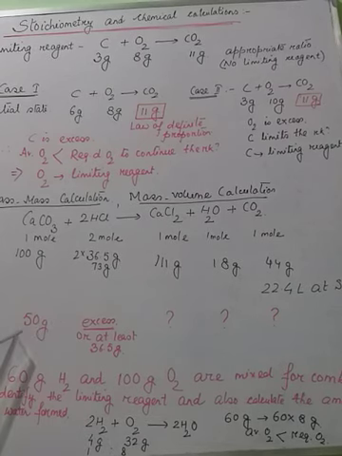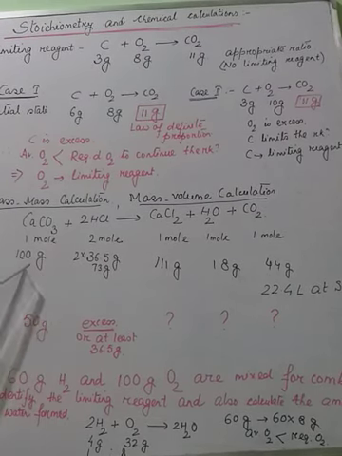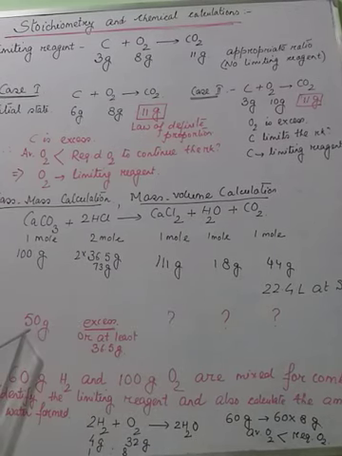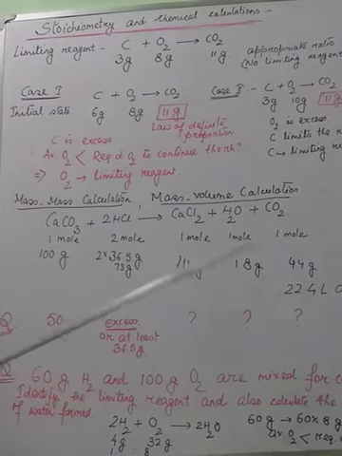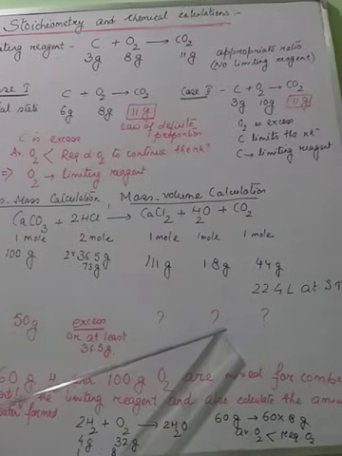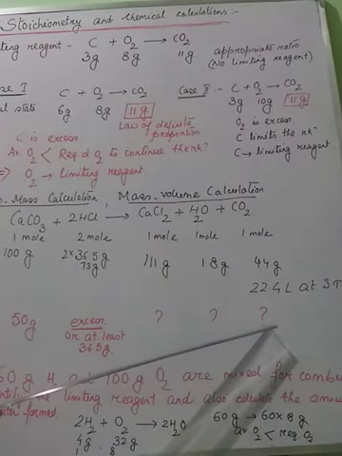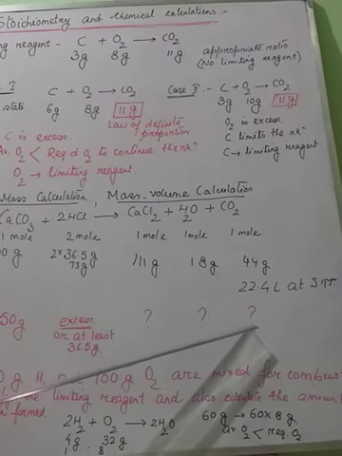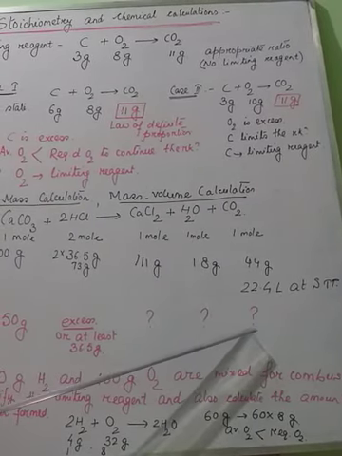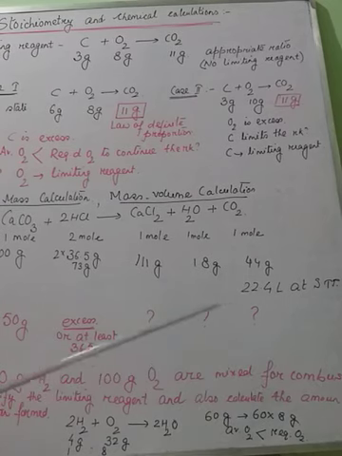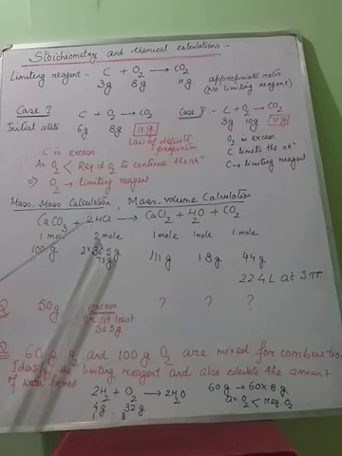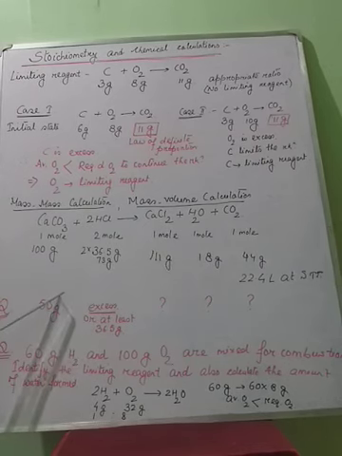It's easy to answer that if 100 gram or 1 mole gives 111 gram, 50 gram will give 111 by 2. Of course, this will be 18 by 2, this will be 44 by 2, and at STP the molar volume will also be 11.2 liter.